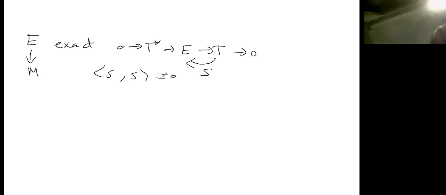And then once I take this isotropic splitting, this induces an isomorphism determined by S between E and tangent plus cotangent, in such a way that the induced, well, what is this? Let me give it a name, psi S.